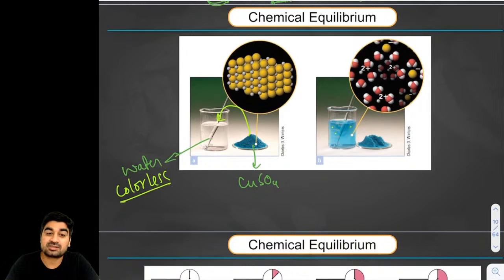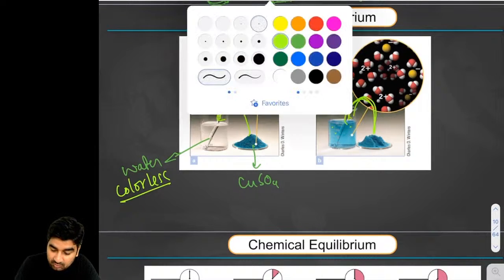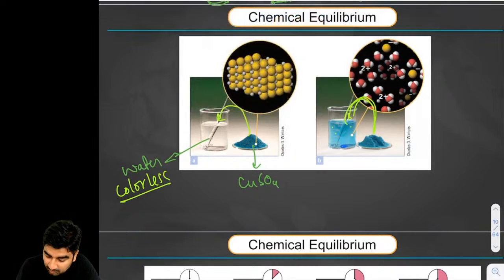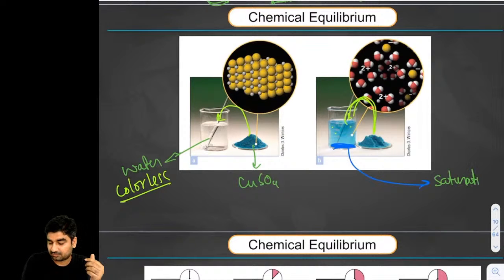So it means this copper sulfate has been dissolved. But if you keep on adding extra copper sulfate, a stage will reach when this blue colored compound will be deposited at the bottom. And at this stage, in day-to-day life, we call it saturation.